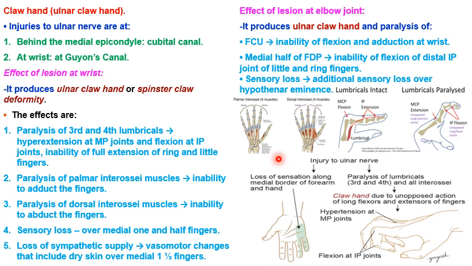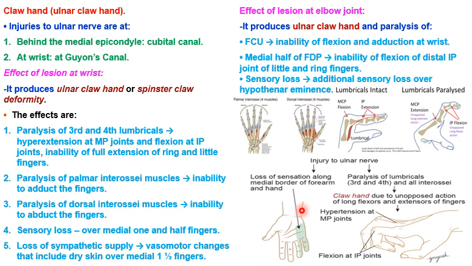There is also sensory loss that is seen over the medial half of the palm and medial 1.5 fingers on the palmar aspect as well as on the dorsal aspect, because of the injury to the palmar cutaneous nerve, the superficial branch of the ulnar nerve, and the dorsal cutaneous nerve of the ulnar.